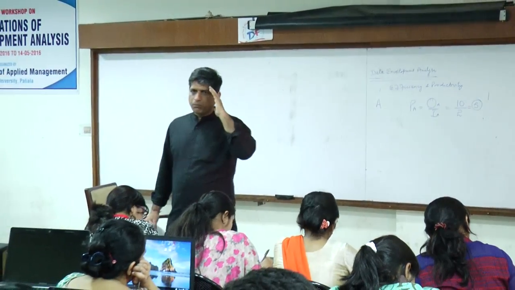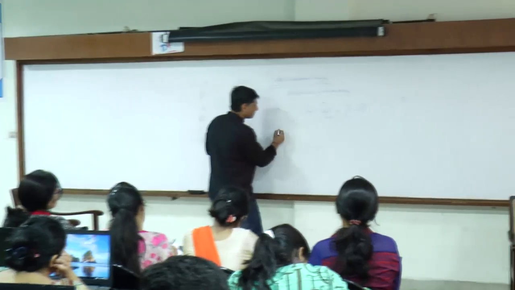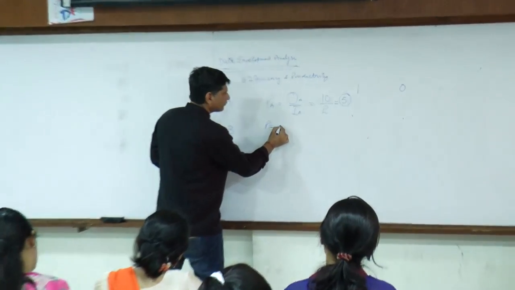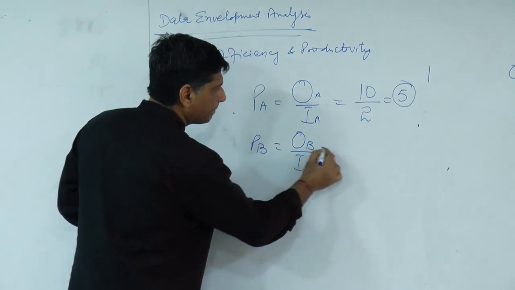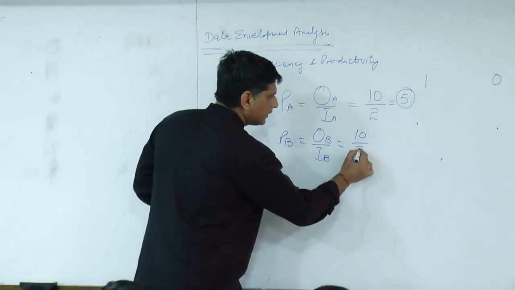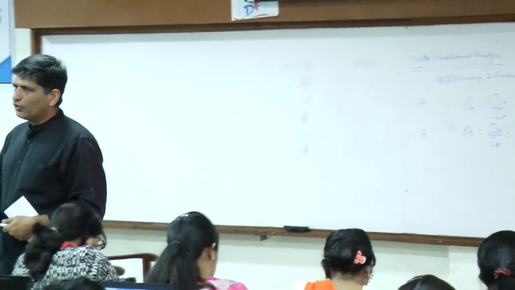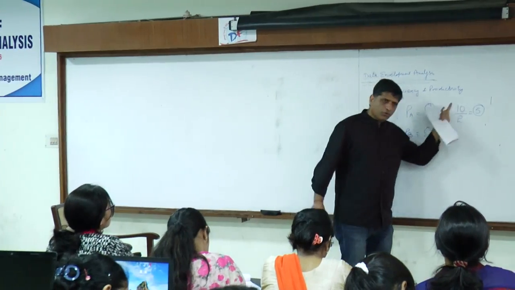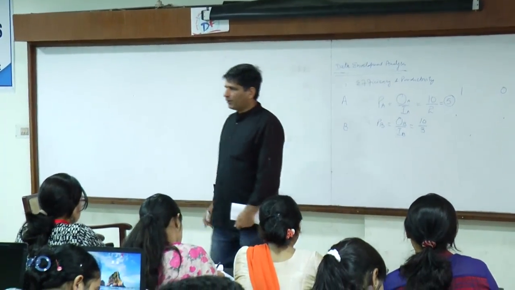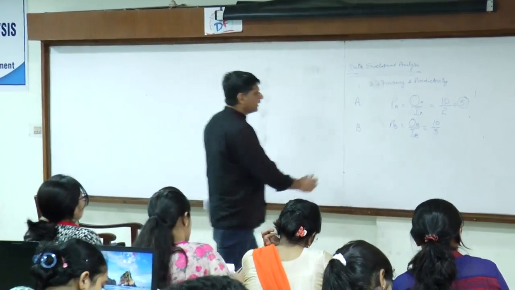It means, if I find the productivity of another firm, let's suppose firm B is producing the same level of output, but a different level of input, say 3, and we get 3.3.